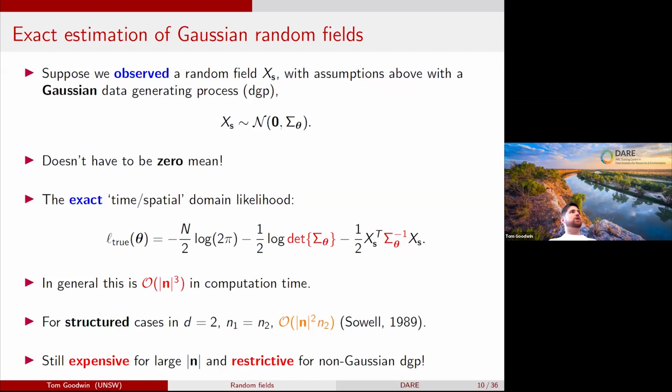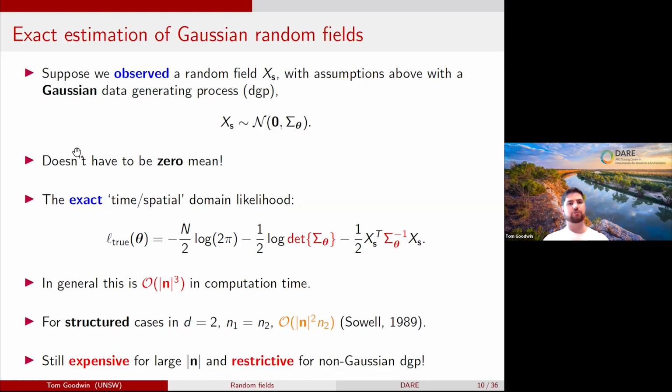Okay, so imagine we've observed this random field. I'll denote it X subscript bold S. And again, we're going to assume here the data is Gaussian, although we don't have to. We can perhaps talk about that later. Here we're going to assume it's from a normal with zero mean and this covariance matrix, which of course depends on the parameters theta.